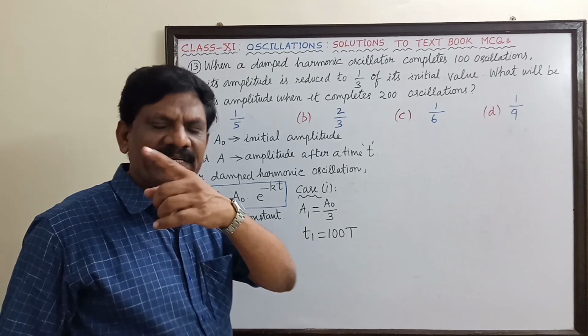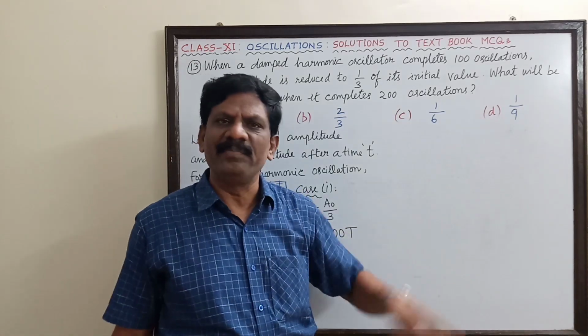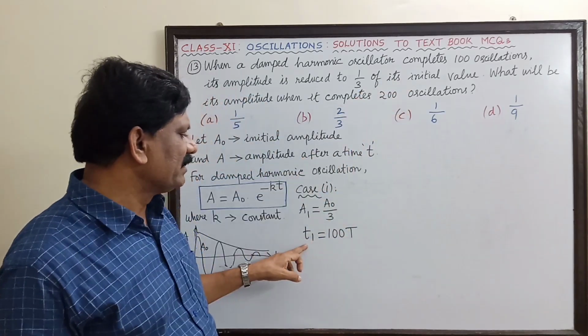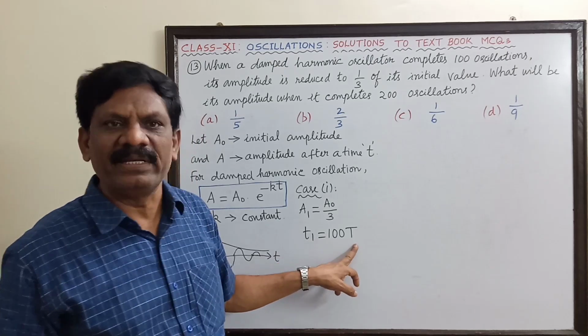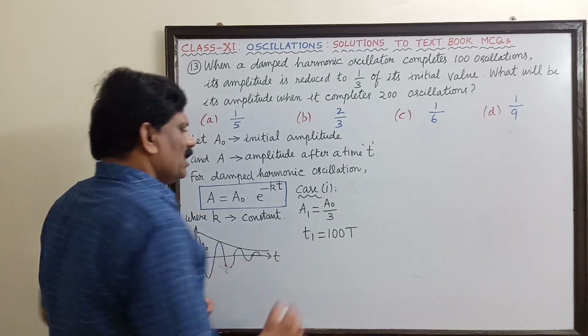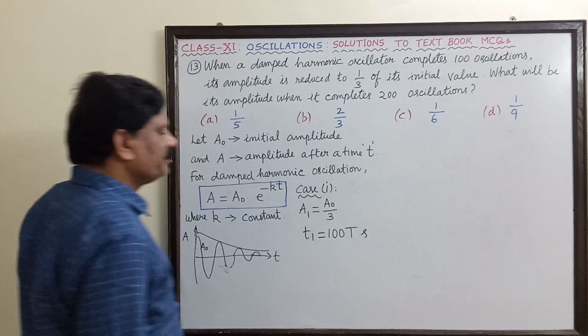The time taken to complete one oscillation is called the period. So for 100 oscillations, the time taken is 100 times its period, in seconds.